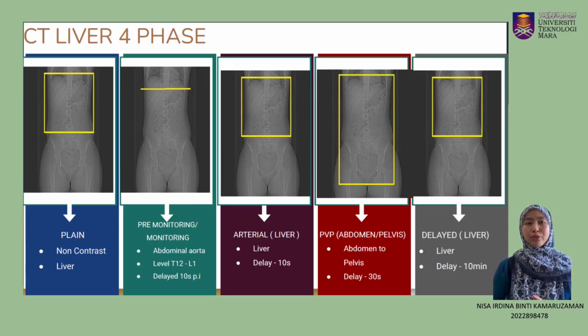The phases include the non-enhanced phase, which is to assess the baseline density, fat or calcification. In the arterial phase, the HCC shows intense enhancement because it is supplied by abnormal arteries. In the portal venous phase, the tumor becomes hypodense, showing washout, and in the last one, the delayed phase, we may see capsular enhancement due to fibrosis.